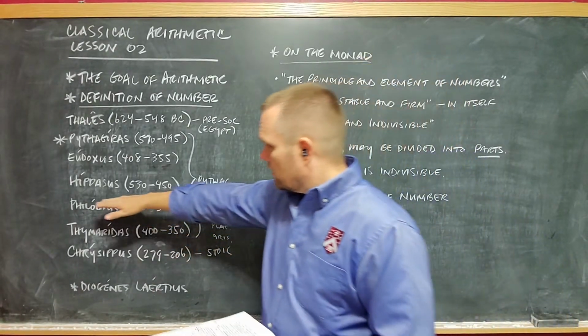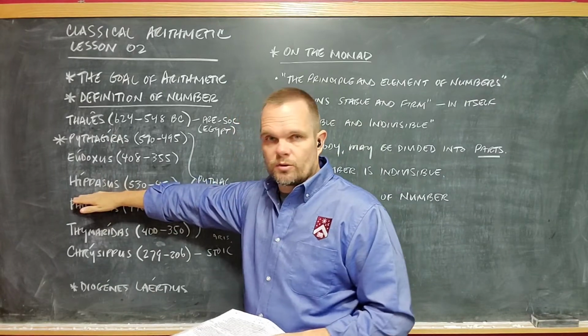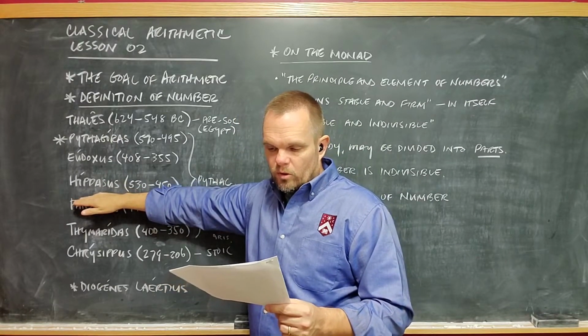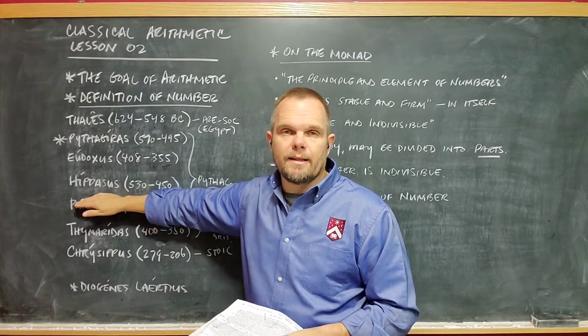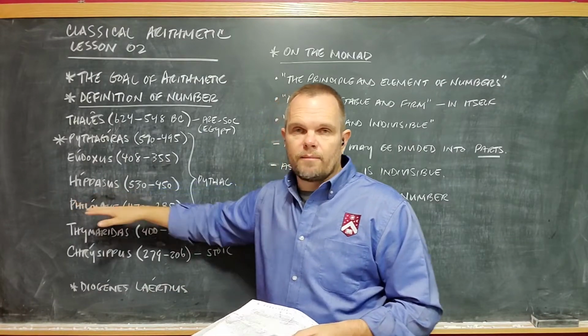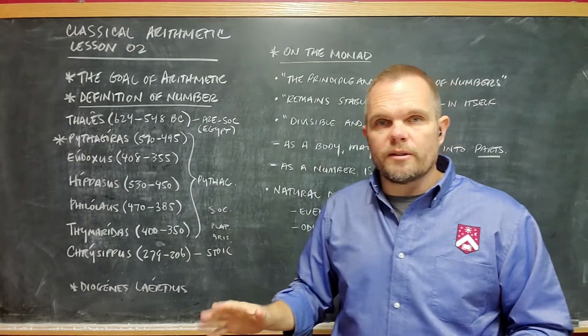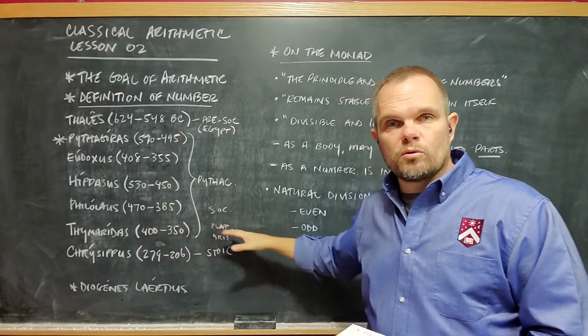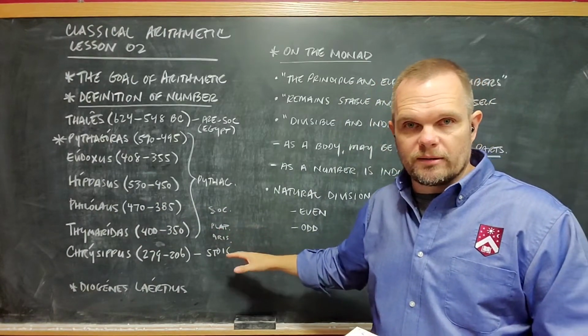Next, we have the philosopher Hippasos. His followers, who are called the Akousmatiki. And again, we're not going to get into all this, but the followers of Pythagoras divided into two groups after Pythagoras' death.